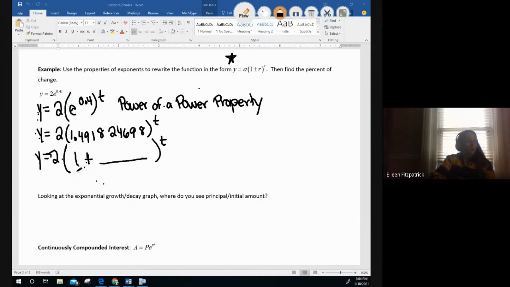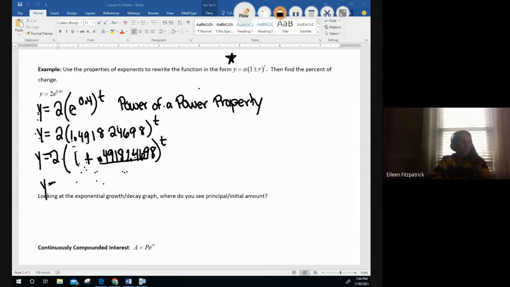Well, what do I have to add to 1 to get 1.49182? I have to add 0.491824698, right? If I add 1 plus that decimal, I get 1.4982249. So at this point, I will now round.